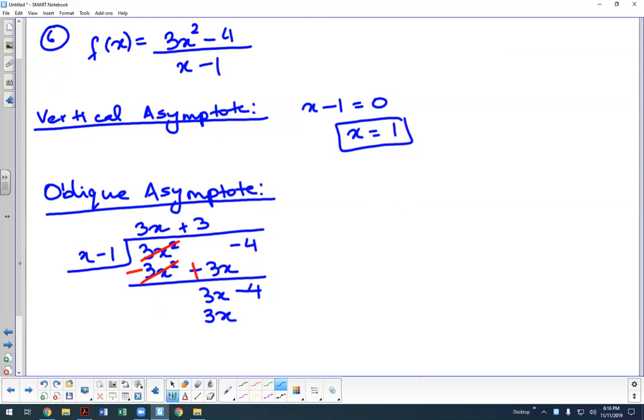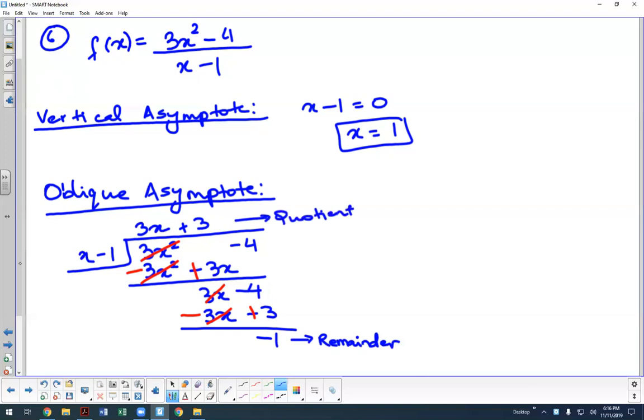Negative 1 times 3 will be negative 3. Again, change our signs. So this guy becomes negative. This one will become positive. Positive 3x, negative 3x cancel each other out. Negative 4 plus 3, negative 1. Yeah. So this is our remainder. And of course, this is our quotient.